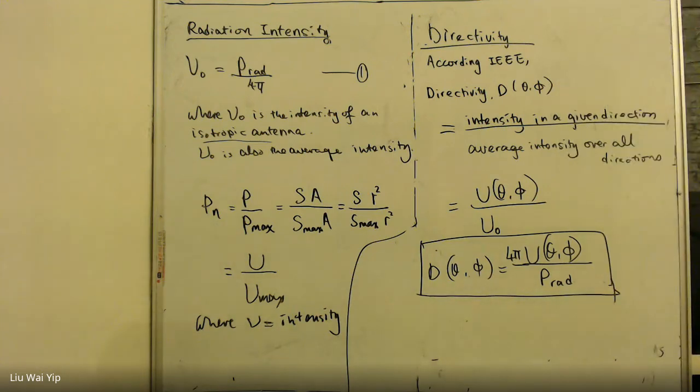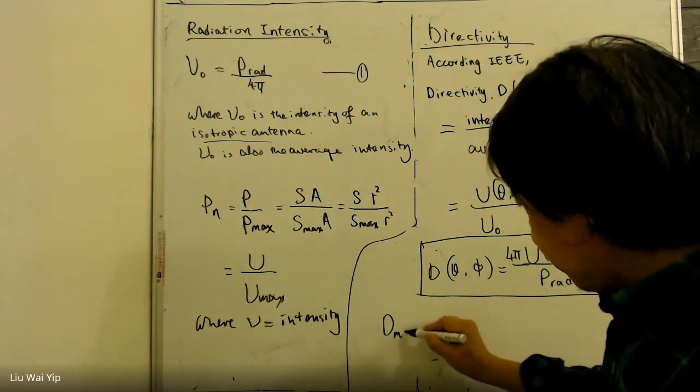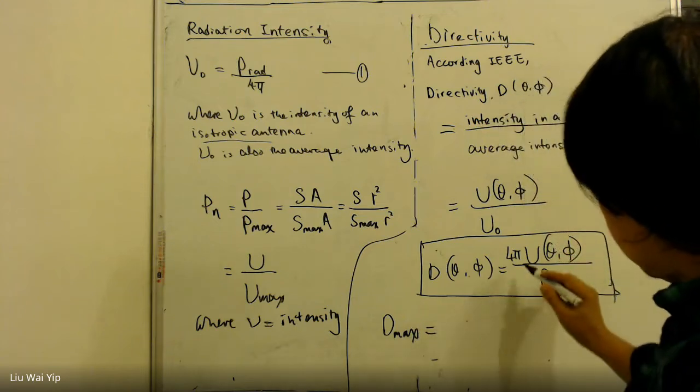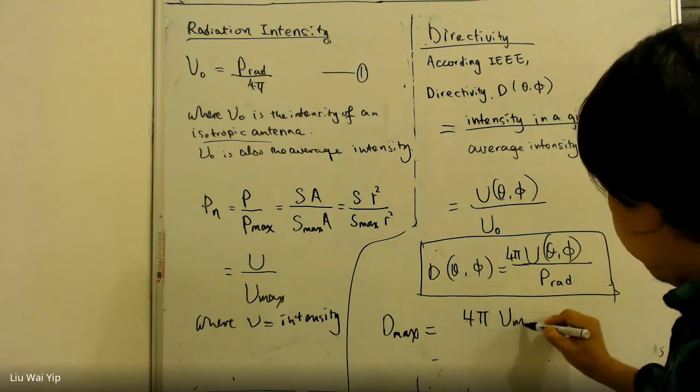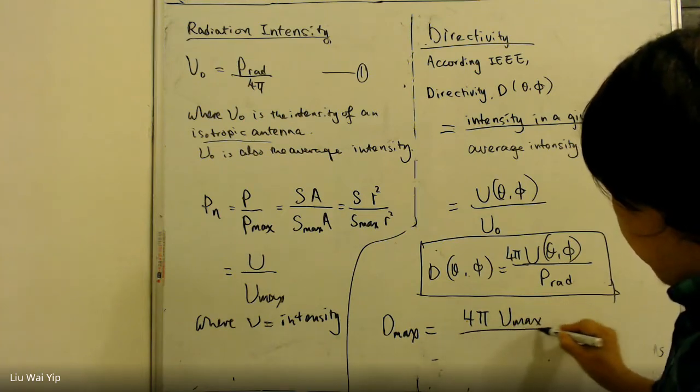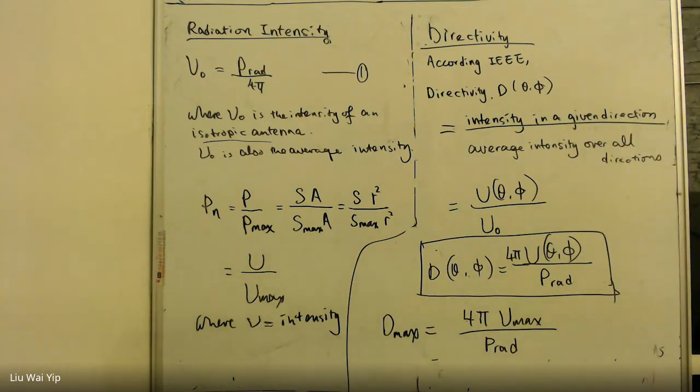Now, how about the maximum directivity? Based on the information here, the maximum directivity is going to be 4 pi U maximum divided by the power radiated. So this is equation 2, and equation 2 can be rewritten.